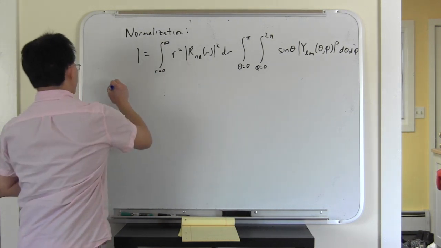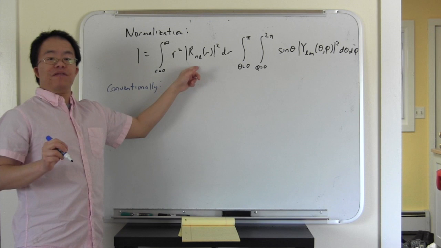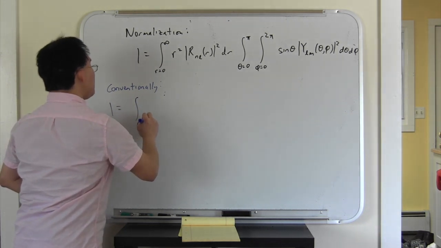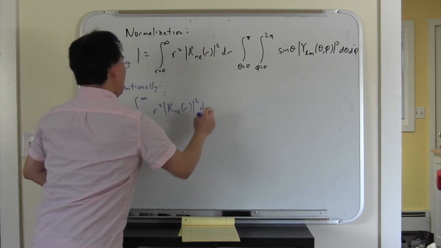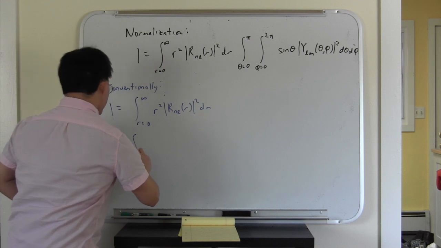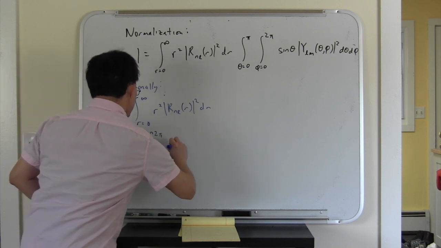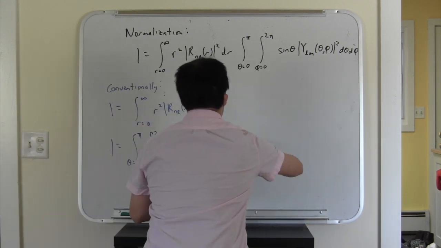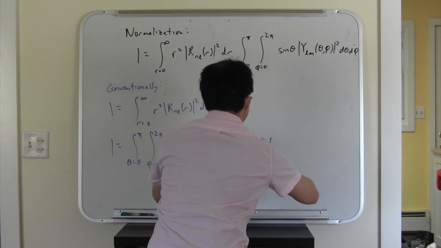We define the normalization prefactor in the radial wave function such that it by itself is normalized, and also that the spherical harmonics are normalized, so that 1 equals the integral from 0 to pi of sine theta times Y l m squared d theta d phi.